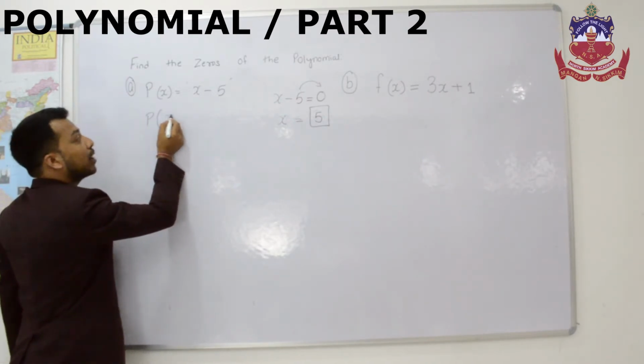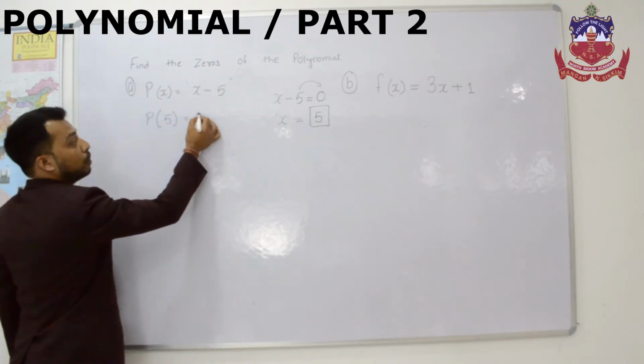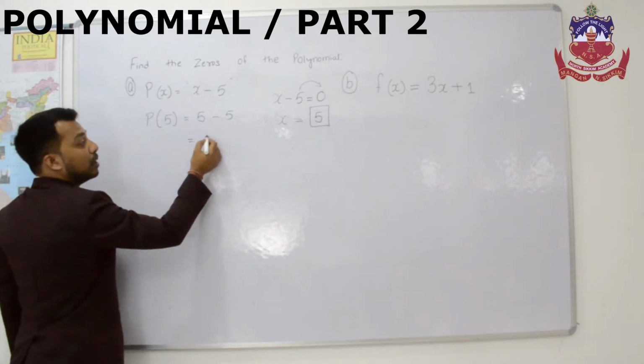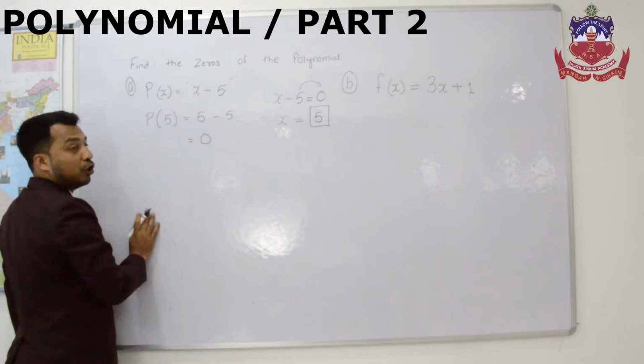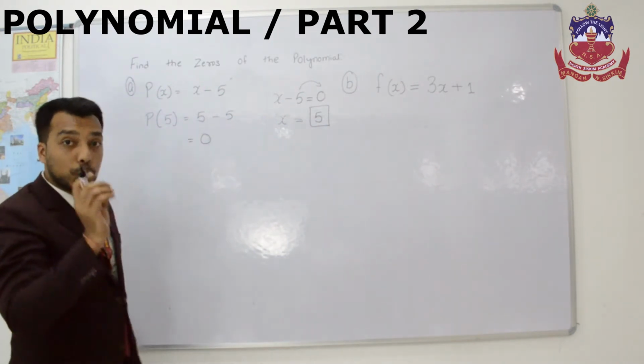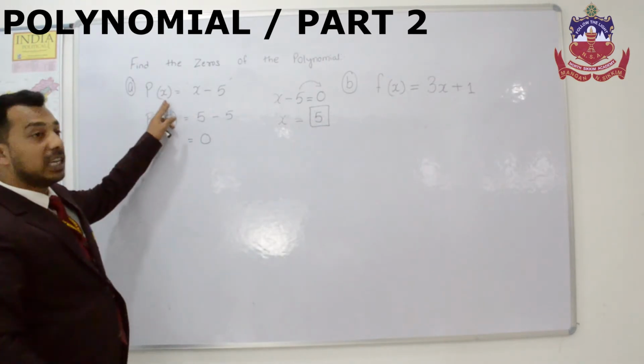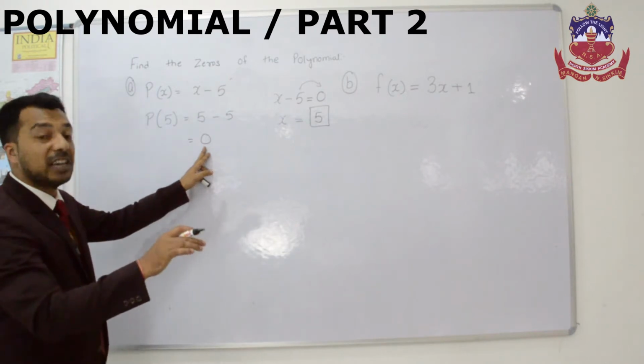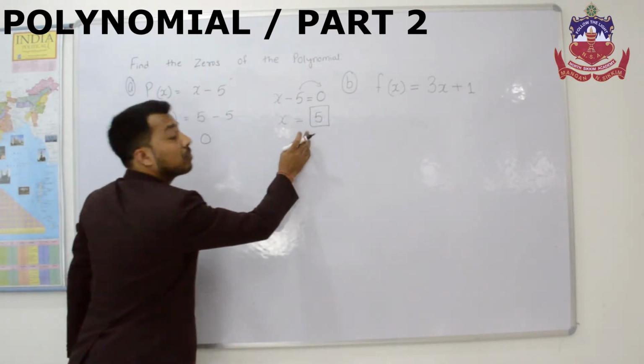Instead of x we write 5, so 5 minus 5 will give you 0. So, the value which when substituted in the variable gives you the answer of the polynomial as 0, that same value is known as the zero.